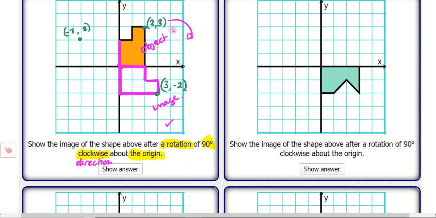But what do we know about, this is the both positive quadrant. And what happens if I go 180 degrees? Both are negative. Negative 3, negative 2, but they also swap position, right? So there is a pattern there that you can consider, right?